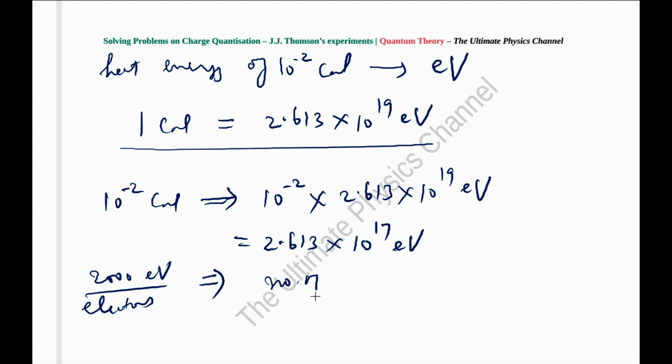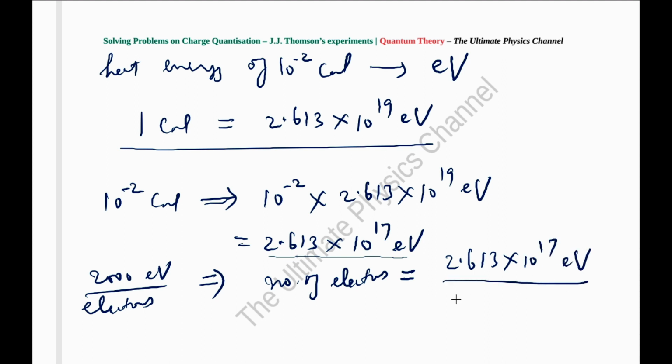the number of electrons collected by the beam stopper is the total energy change of the beam stopper, which is this number now, divided by the kinetic energy of the electrons. That would give the number of electrons which we need in the answer.